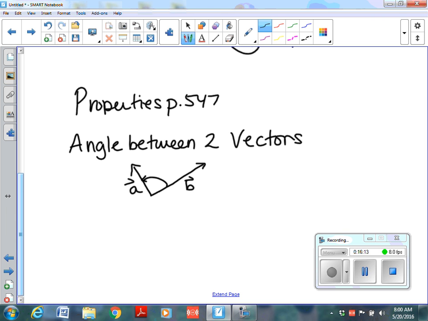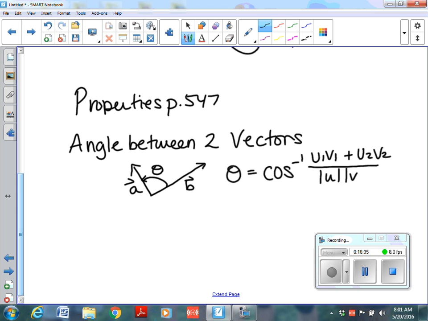Again, you learn this in trigonometry, but this is how you find the angle, or theta, between these two. It's the cosine inverse of u1 times b1 plus u2 times b2, all over the length of u and b. So, I was going to give you an example.